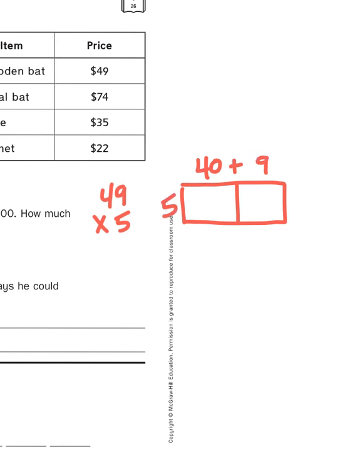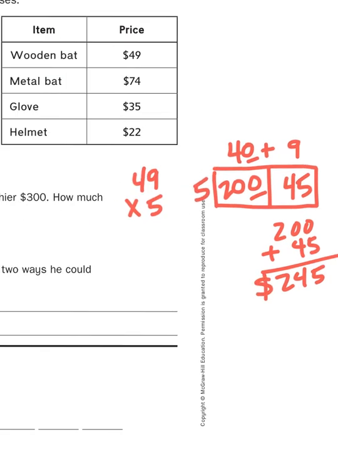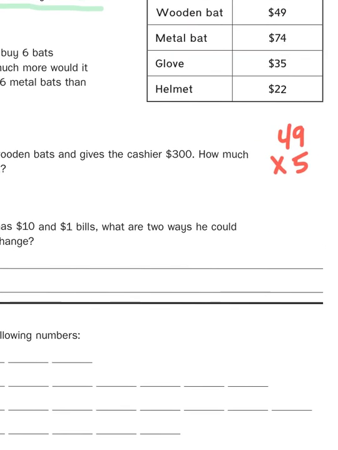I'm going to multiply each part by 5. 5 times 4 is 20, so 5 times 4 tens is going to give me 20 tens, or 200. Then 9 times 5 is 45, so 200 plus 45 is 245. And that would be $245. That's the total cost of 5 wooden bats.